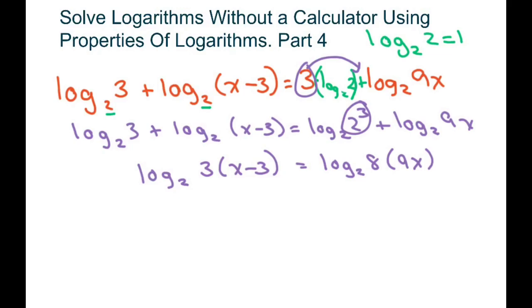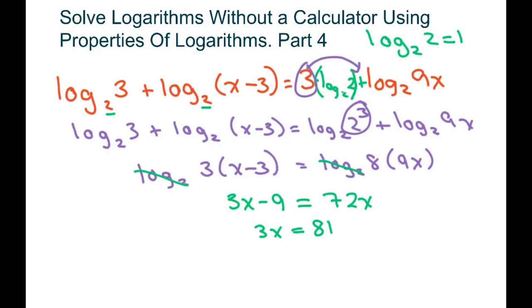And what we get is 3x minus 9 equals 72x. And if I add 9 to both sides, I get 3x equals 81.